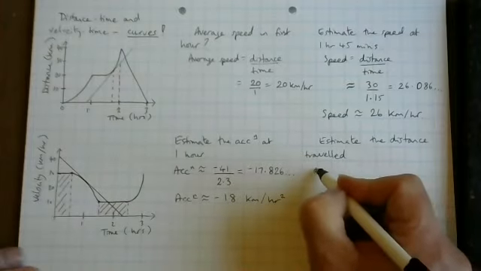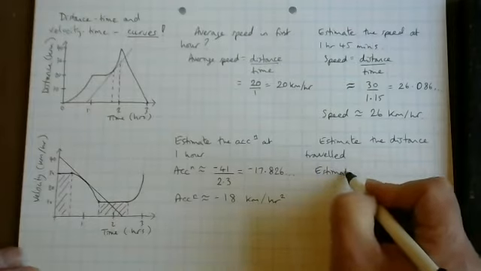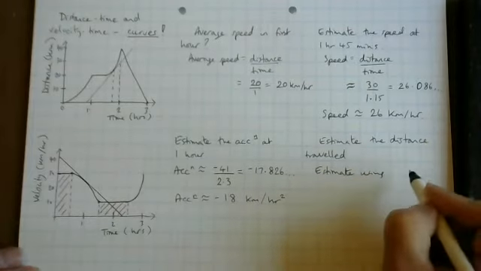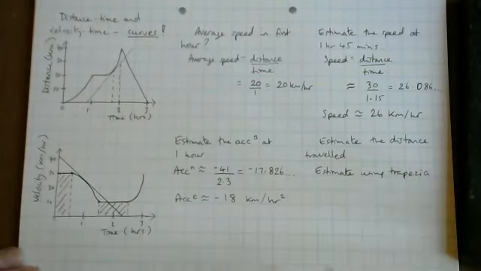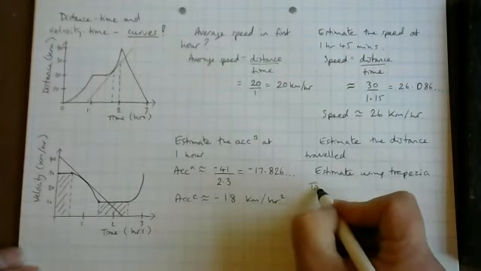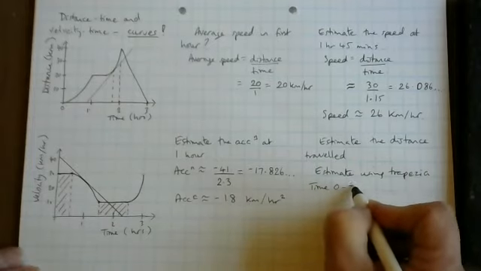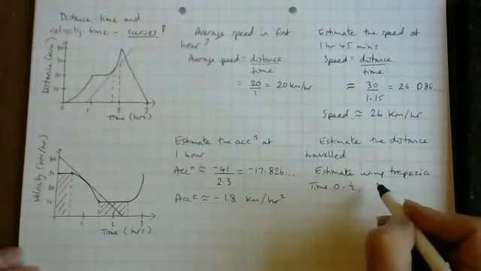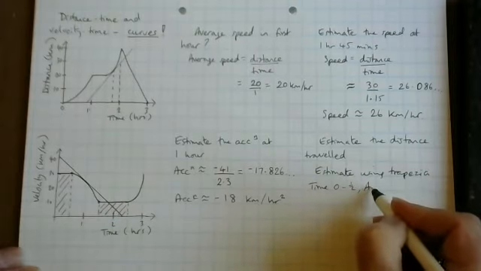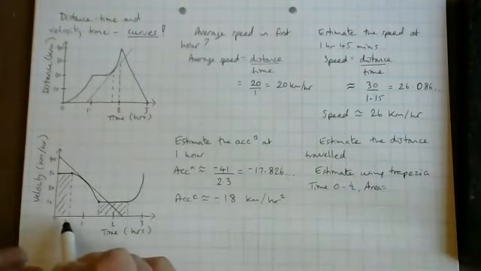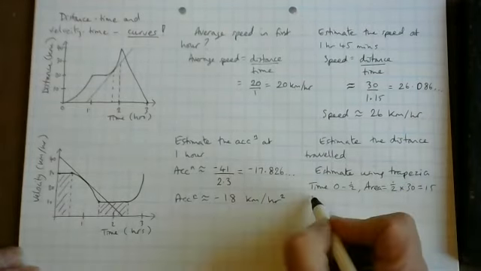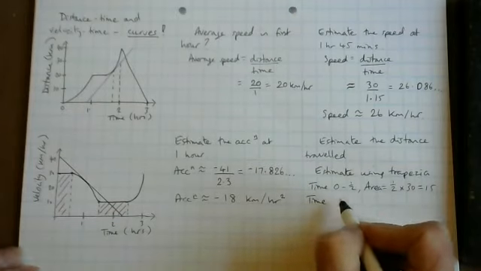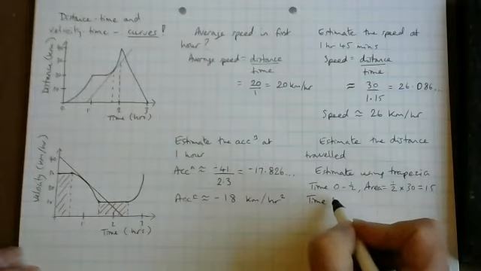So estimate using trapezia. 0 to half the time, 0 to a half, area equals a half times 15 times half to 1.5.